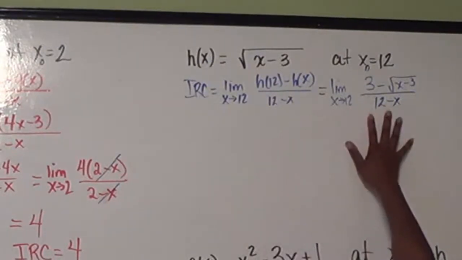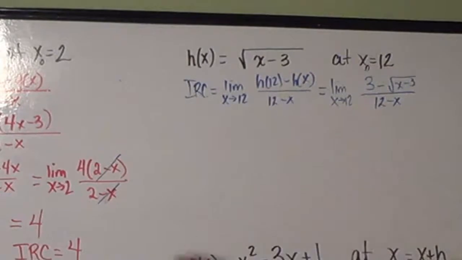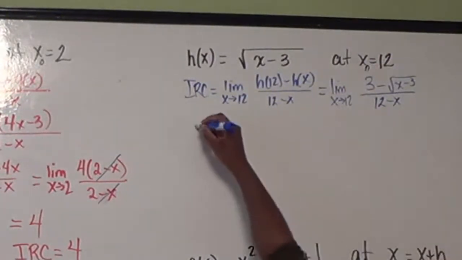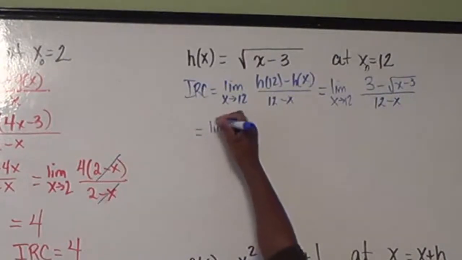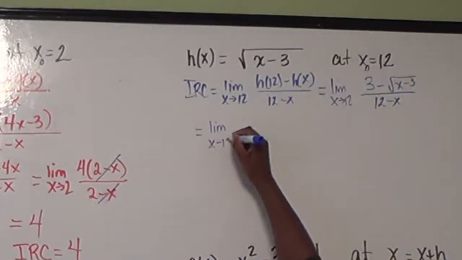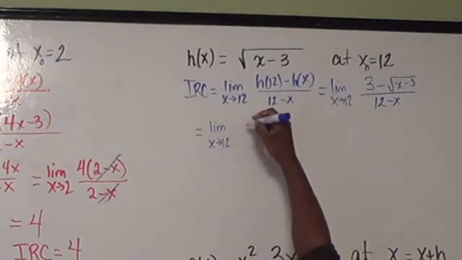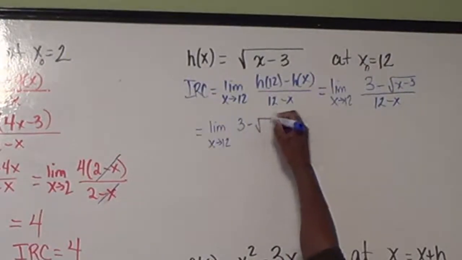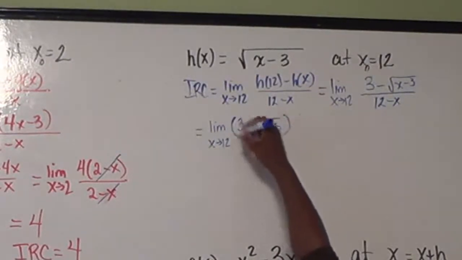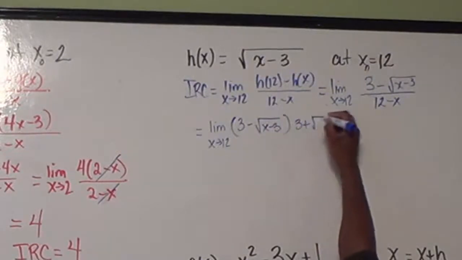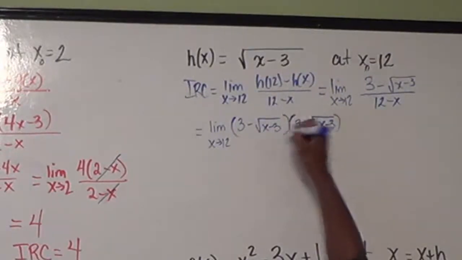Now, notice on this one, there's not a nice way to just rewrite and factor out. But again, remember, anytime I have square roots, there's always the use of the conjugate to rewrite things. So here, if we multiply top and bottom by that conjugate, so 3 minus square root x minus 3, we'll multiply that by 3 plus square root x minus 3.